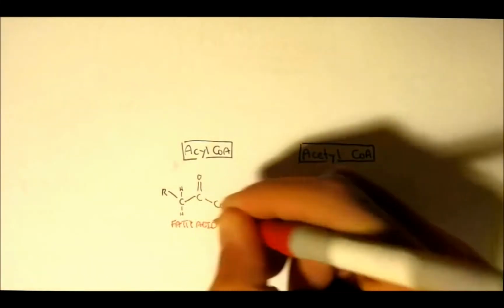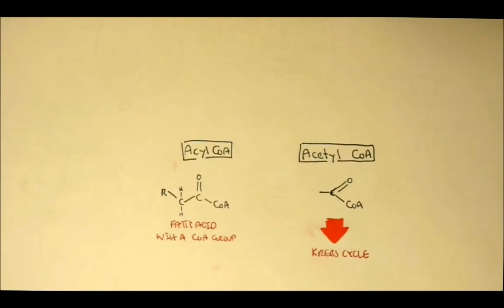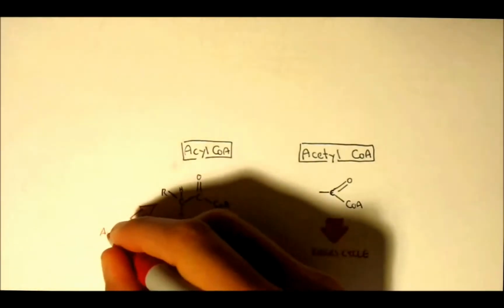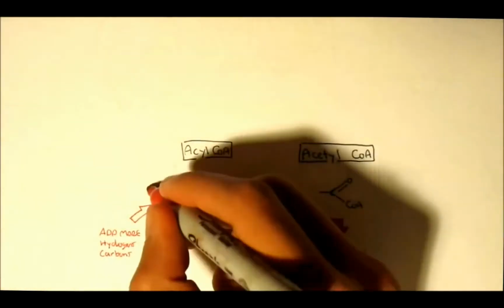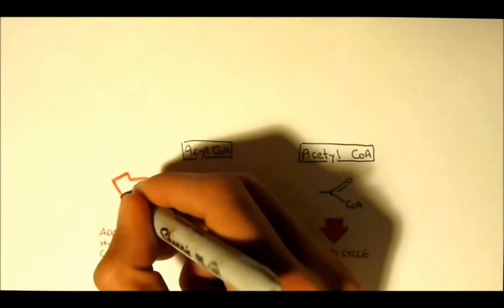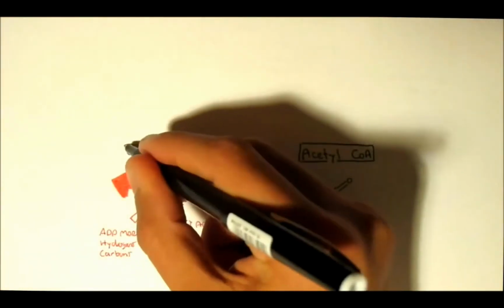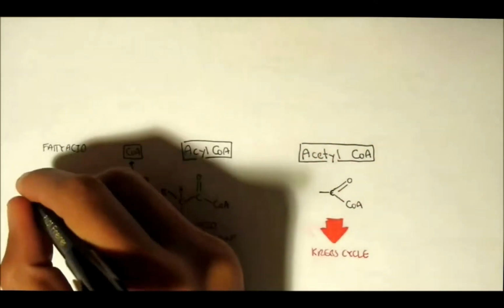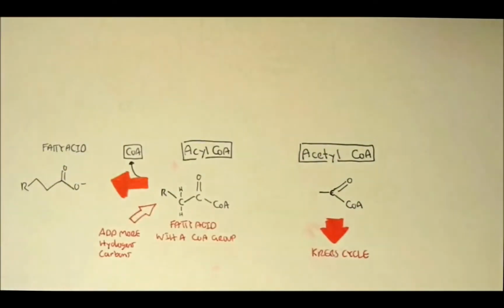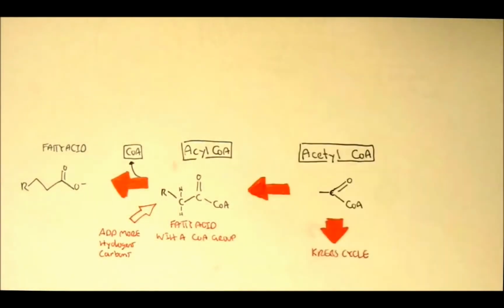Acyl CoA can be any number of hydrocarbons, and depending on the number of carbons it contains, it can be given a special name, such as palmityl CoA, which is a 16-carbon chain. Anyways, we can even add more hydrocarbons to acyl CoA, and then by removing the CoA group, it can become a fatty acid essentially. And remember that acetyl CoAs is what makes acyl CoA or fatty acids.